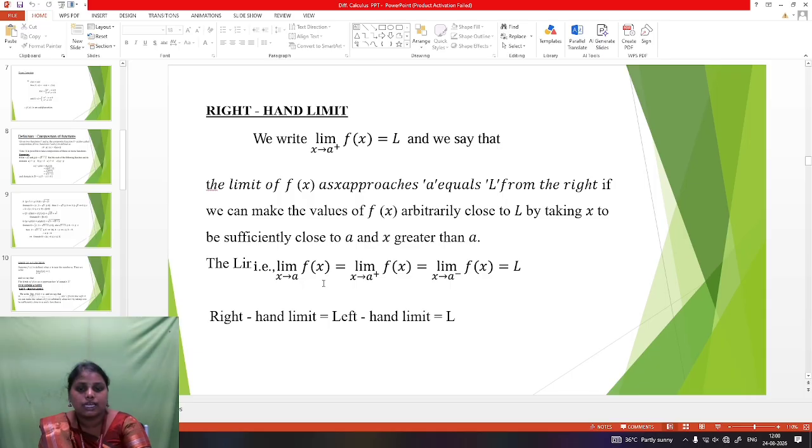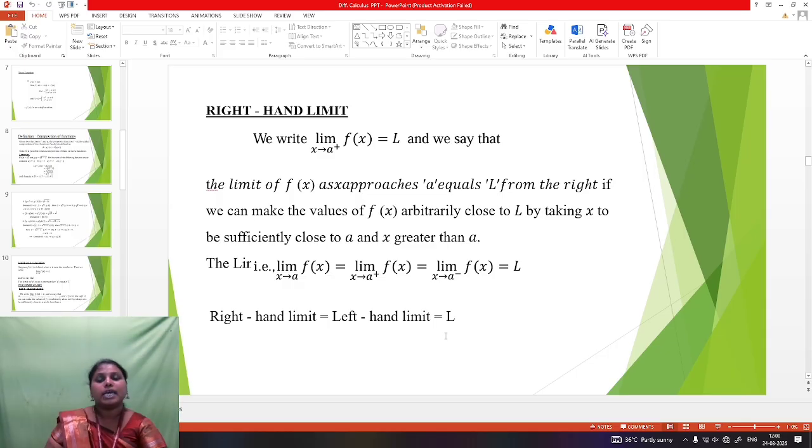The limit as x tends to a of f of x: the two-sided value equals the left value, L, capital L, and the right-side value as x tends to a plus also equals L. So the right-hand limit and left-hand limit are the same.